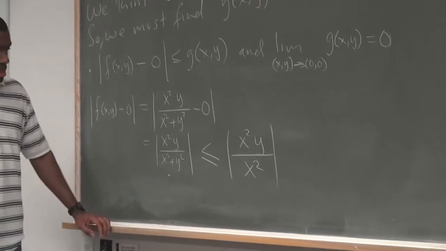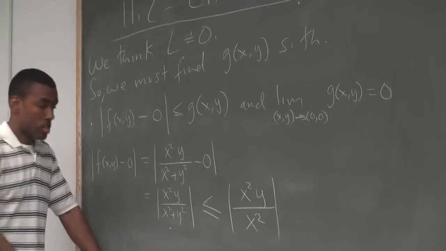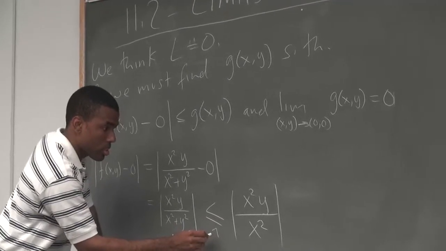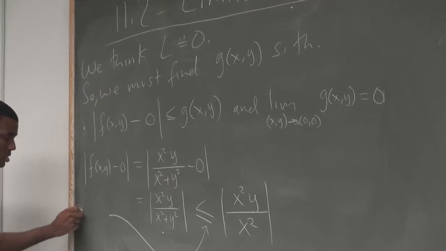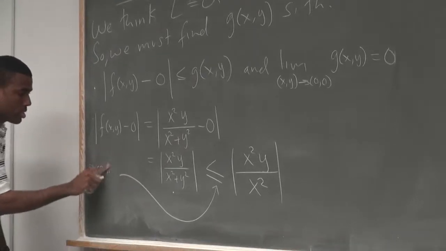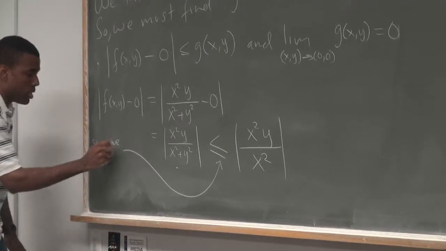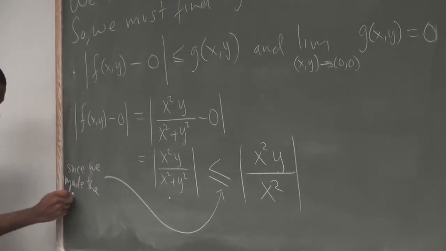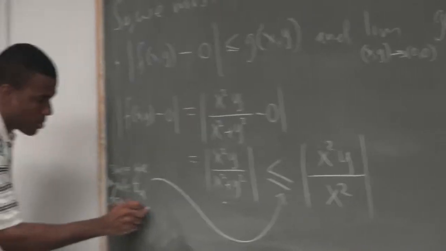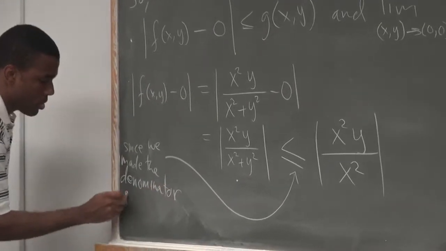How do we know that? Because compared to the original thing, x squared plus y squared, that's how you know it's smaller than, since we made the denominator smaller.